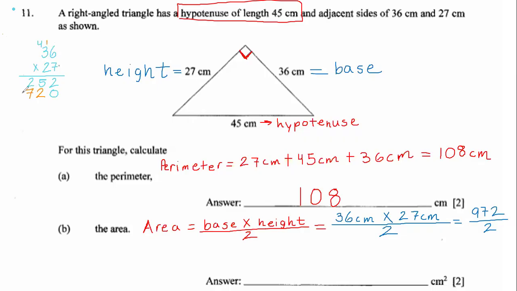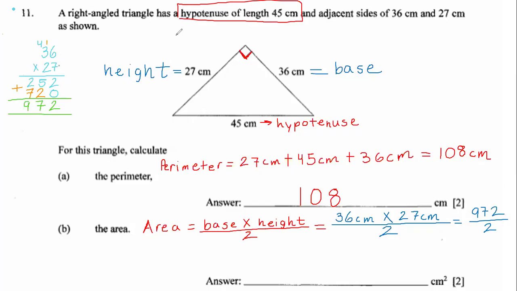Now we can add these two together. 2 plus 0 is 2. 5 plus 2 is 7. And 2 plus 7 is going to be 9. So this is how you multiply it. We all know how to do 2-digit multiplication. That's how I got 972.